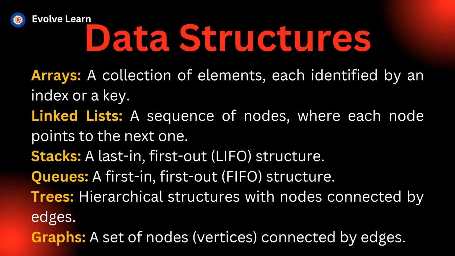Now I will tell you how software technologies use data structures in their applications. Arrays: an array is a collection of similar kinds of elements, each identified by an index or array key. An array is a linear data structure, and it is a collection of items stored at contiguous memory locations. The idea is to store multiple items of the same type of data together in one place.